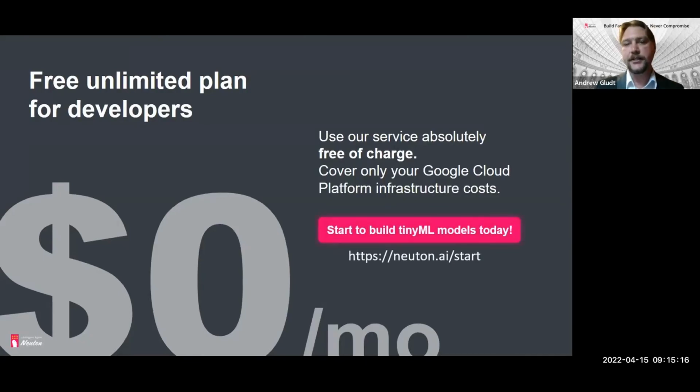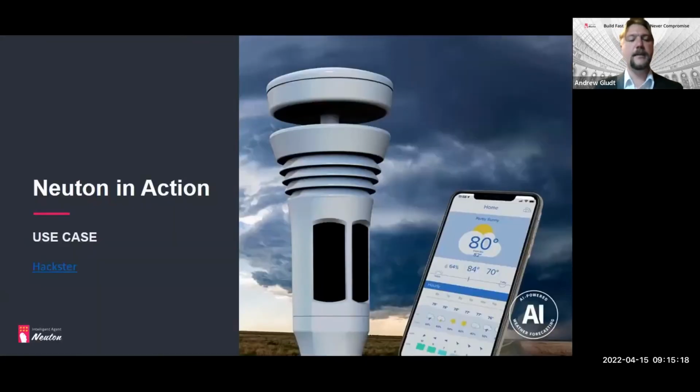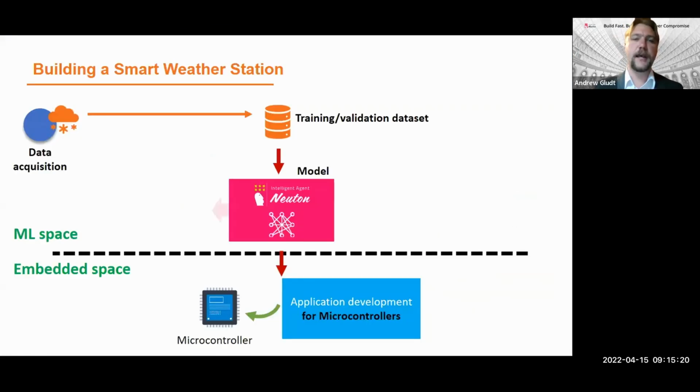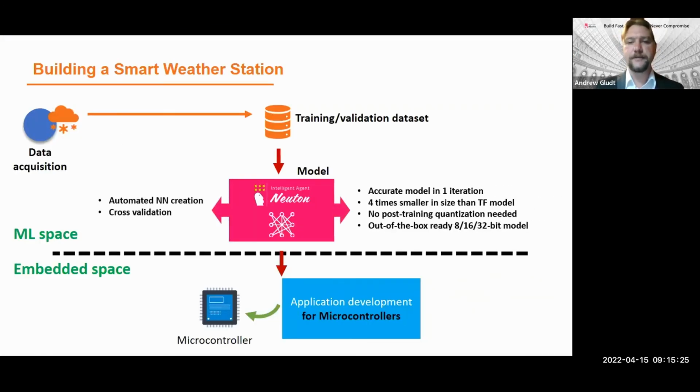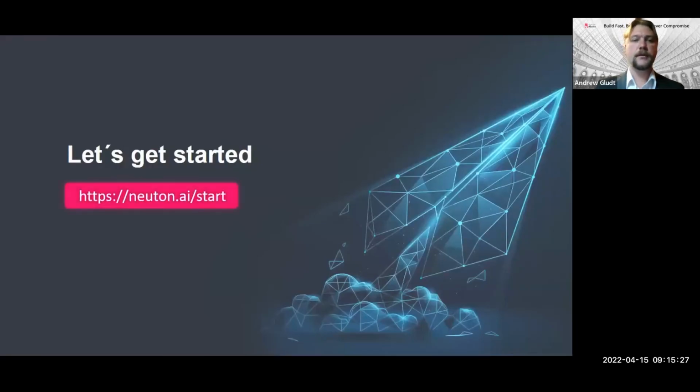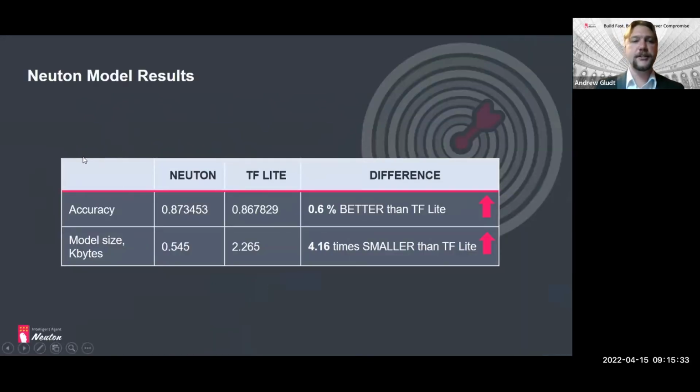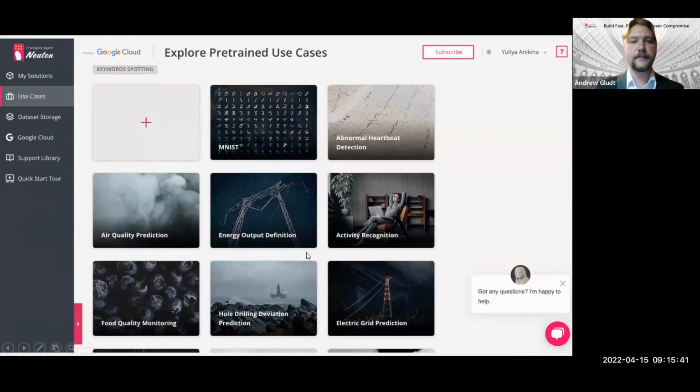And here's a link to get started. It just shows the model in action and how we do it as well. So yeah, we'd be excited for all of you to try out the platform and get started. And just a small comparison that we saw in the snow prediction with accuracy and size comparison.